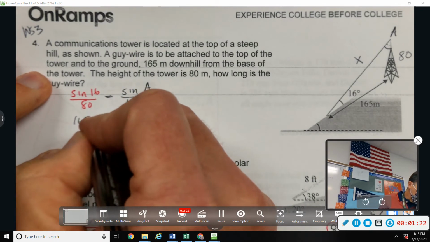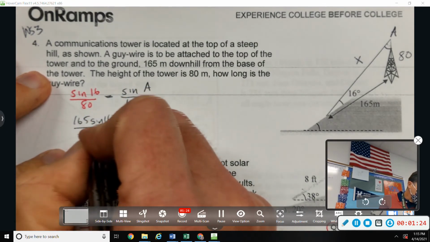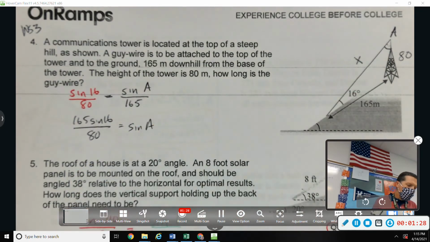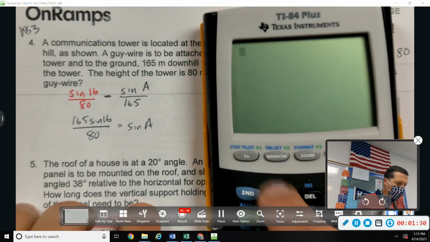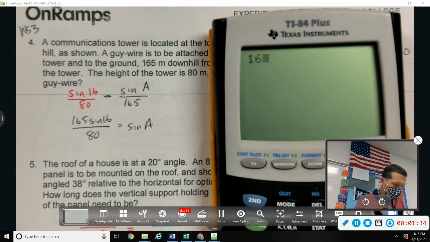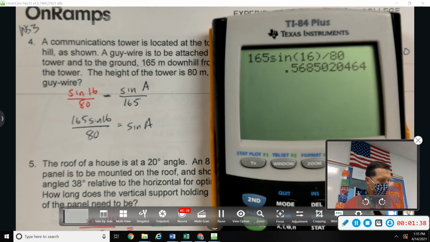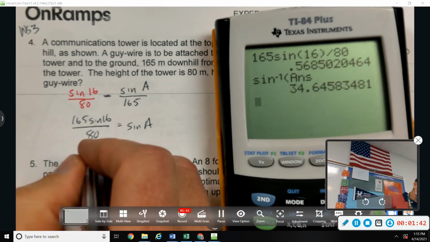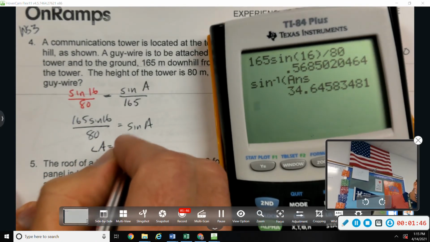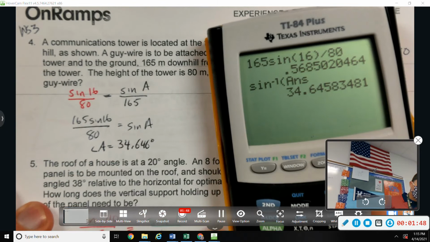So 165 sine 16 over 80. Always make sure you're in degrees. 165 sine 16 divided by 80. And then inverse sine of that. .646 degrees.